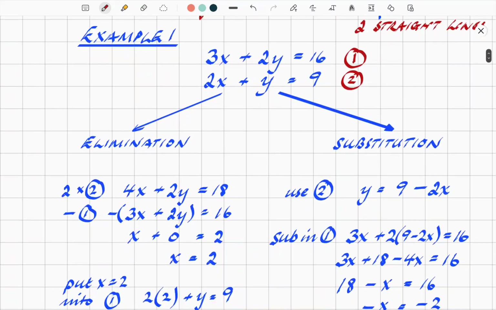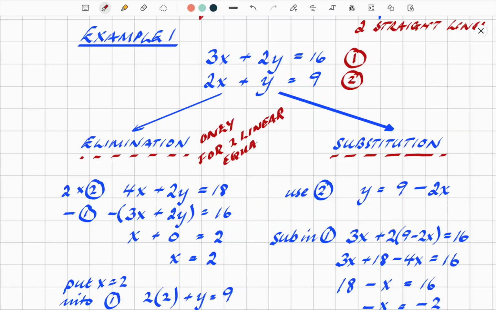Now, in terms of solving it, you've got the option of two different methods. One is called the elimination method and the other the substitution method. Now, the elimination method only works for two linear equations.